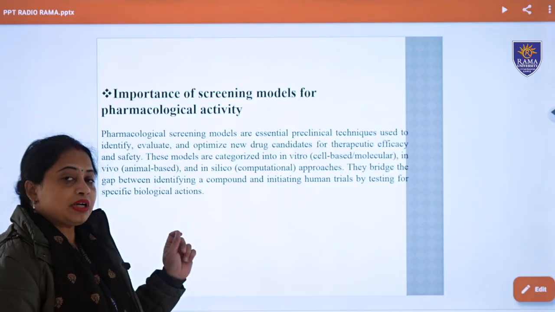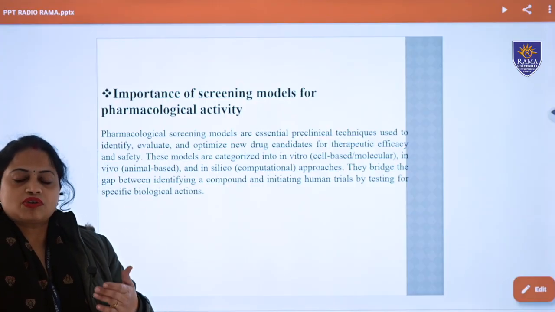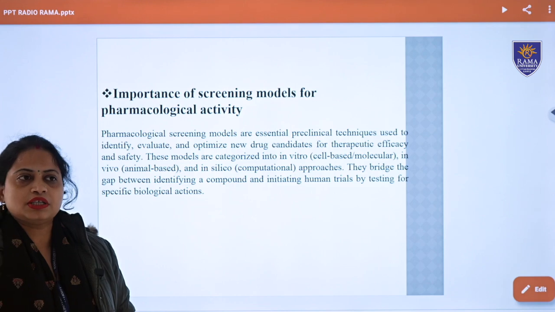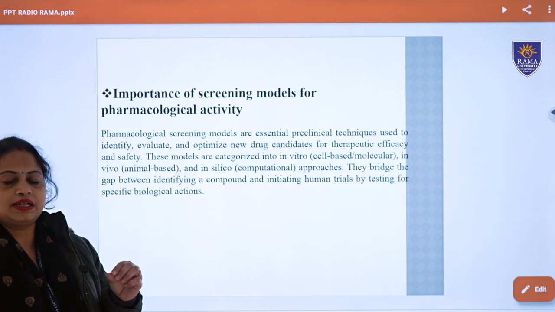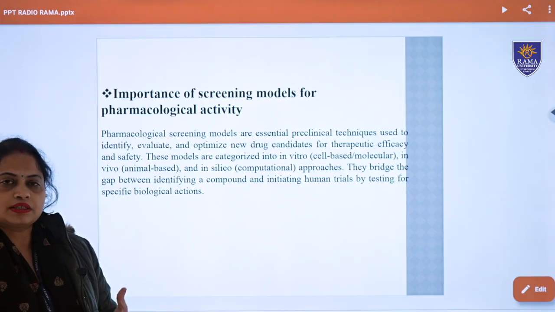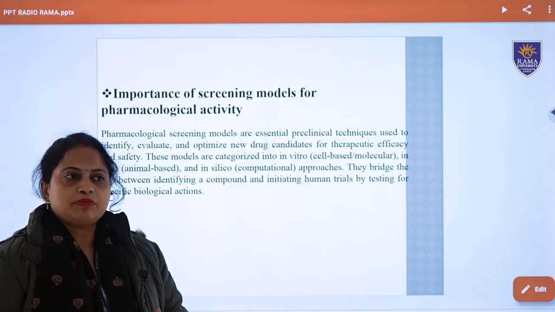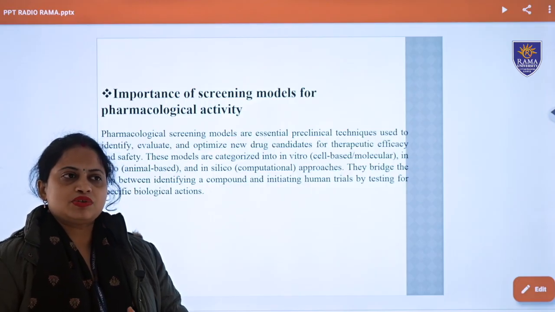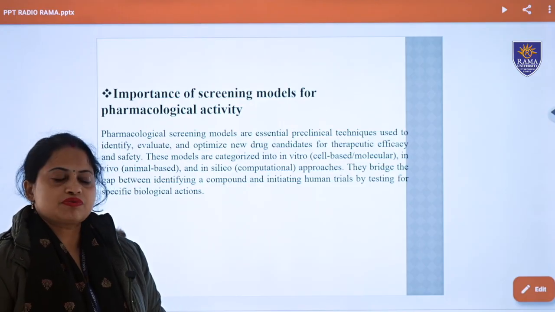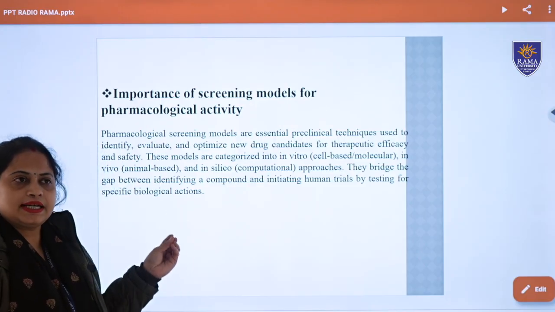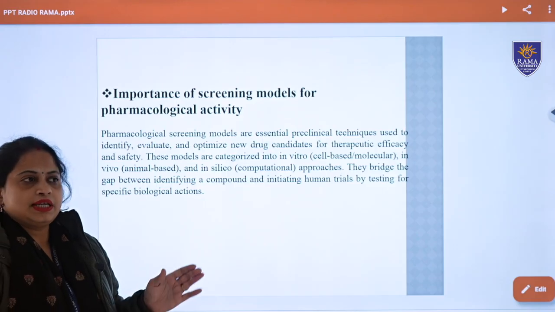For that, we use pharmacological screening models to reduce the cost of the research work, because through these preclinical studies or screening models we can evaluate the safety and efficacy profile of new drugs before they enter into the clinical trials. Through clinical trials, a huge amount of money is wasted. That's why when we get the safety and efficacy data for a new compound, it is helpful for the research work.